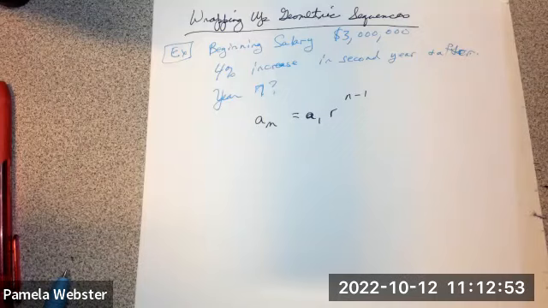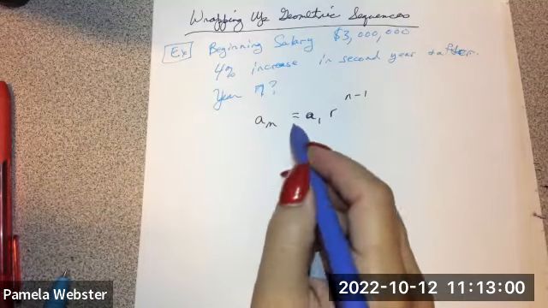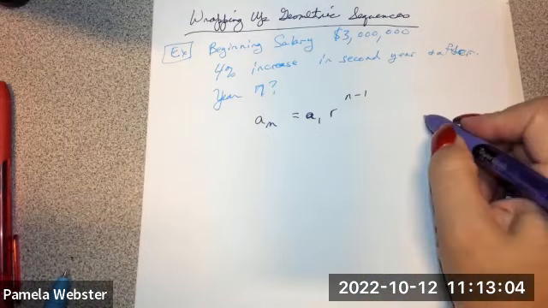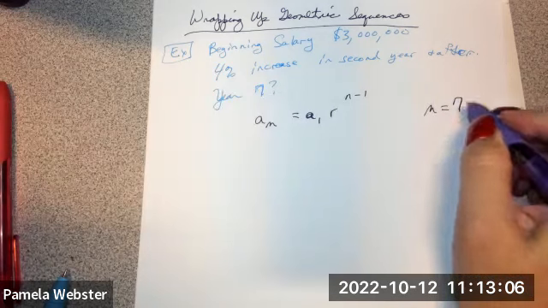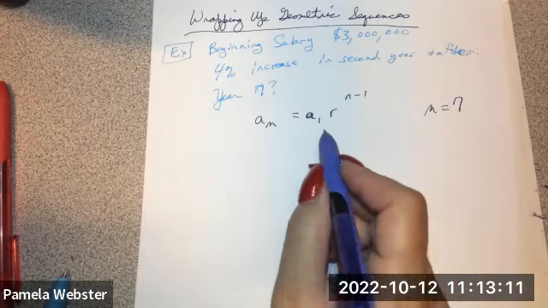All right, so you're not going to have to memorize this formula, you're just going to have to be able to use it. For the 7th year, n equals 7 here. Take your initial salary, that's my a sub 1.